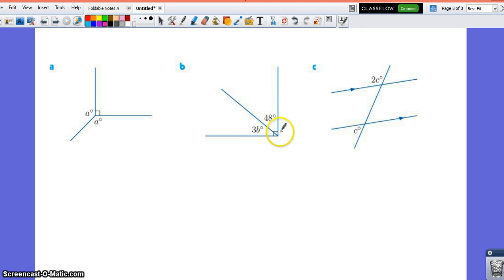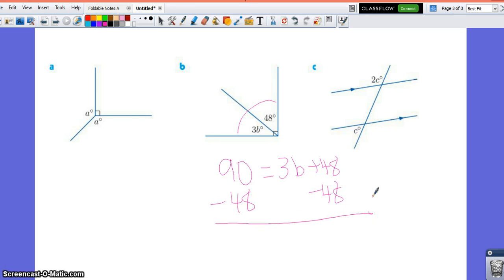So on this one right here, they're asking you what this is. So you've got 90. You know that's going to be equal to 90 degrees. 3B plus 48. You're going to subtract 48 from both sides. When you do 90 minus 48, you will get 42 equals 3B.